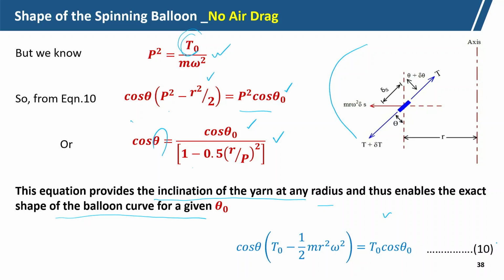So, for any initial angle theta 0, we can calculate the shape of the balloon for different values of r and P.